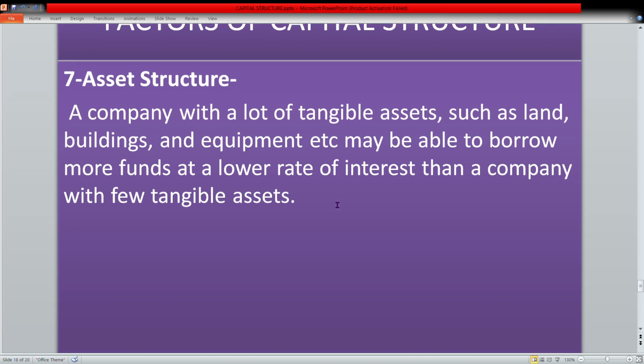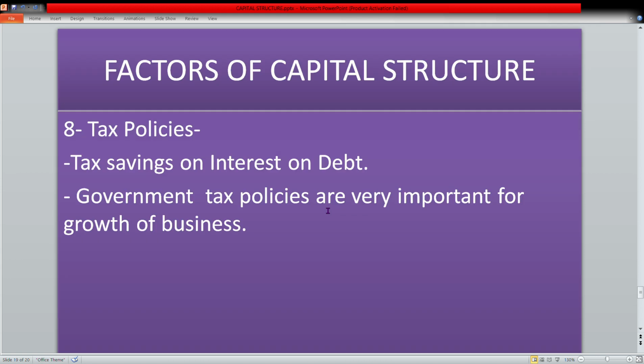Then we will come to the next point, that is your tax policies. So tax savings on interest and debt. If the tax policy is favorable, then it is easy to take the loan. Each loan the company takes, it saves taxes. Suppose a company has 1 crore loan and it pays 10 lakh as interest.